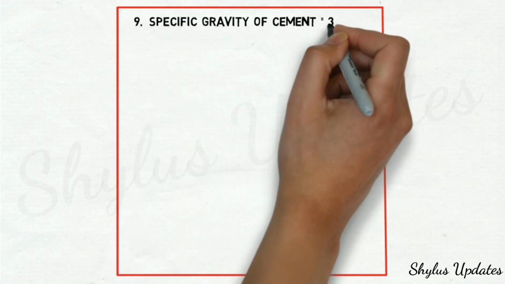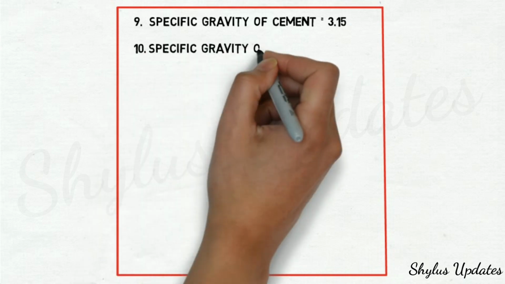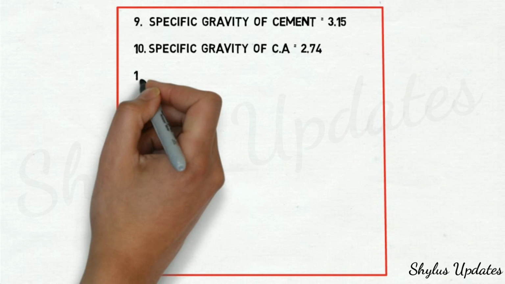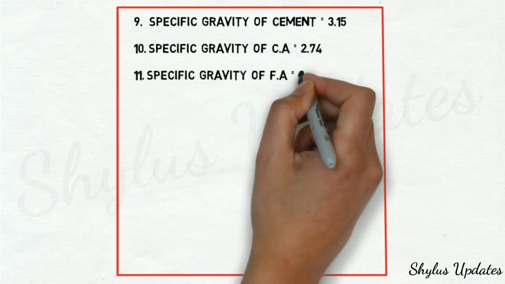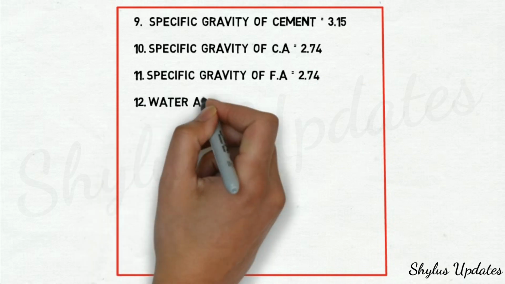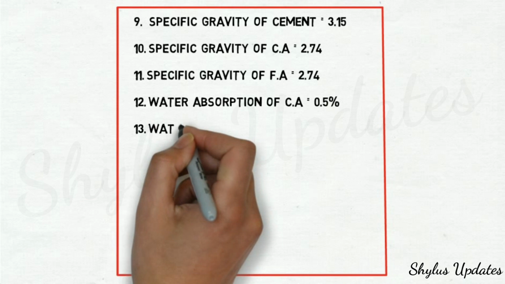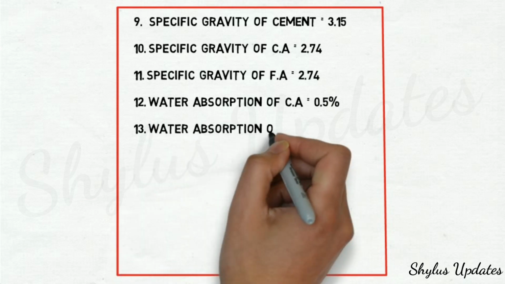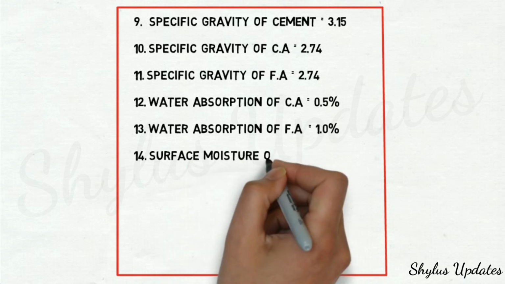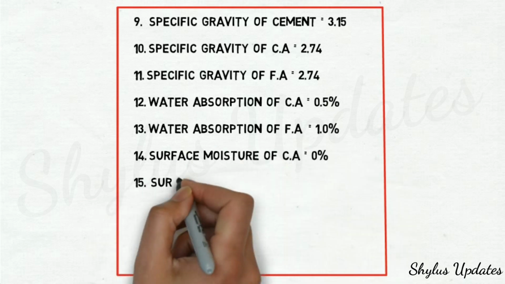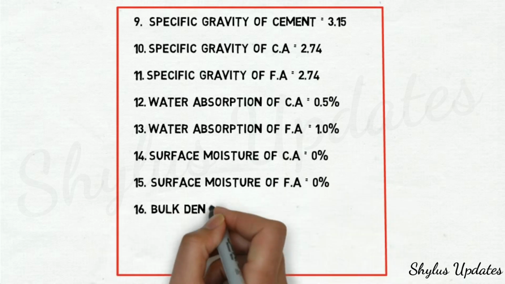Specific gravity of cement 3.15, specific gravity of coarse aggregate 2.74, specific gravity of fine aggregate 2.74. Water absorption of coarse aggregate 0.5%, water absorption of fine aggregate 1.0%, surface moisture of coarse aggregate 0%, surface moisture of fine aggregate 0%.